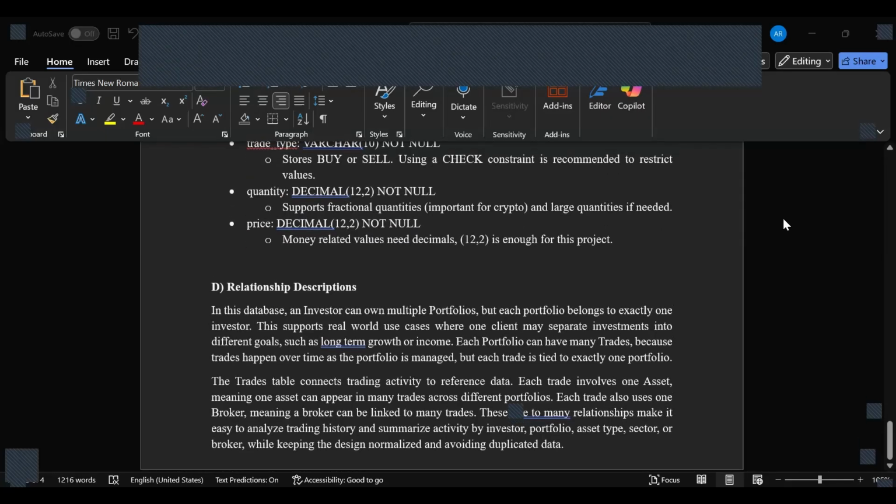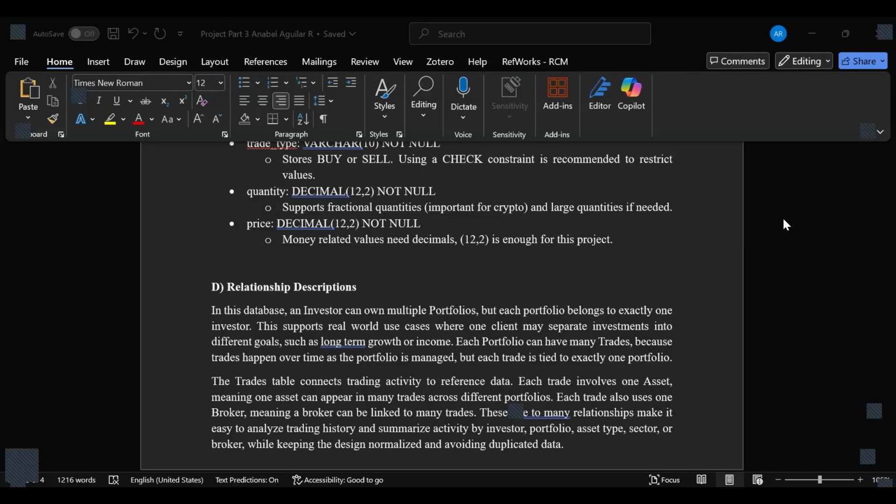And then for the relation description, for this database, the investor can own multiple portfolios, but each portfolio belongs to exactly one investor. Each portfolio can have many trades because trades happen over time, and each trade is tied to one exact portfolio.